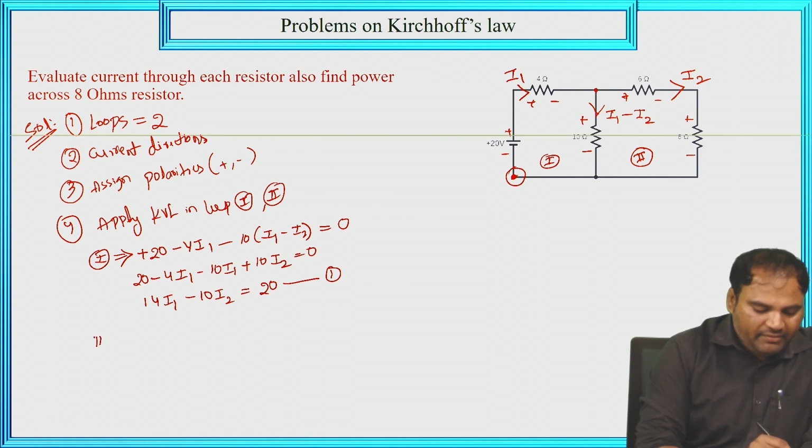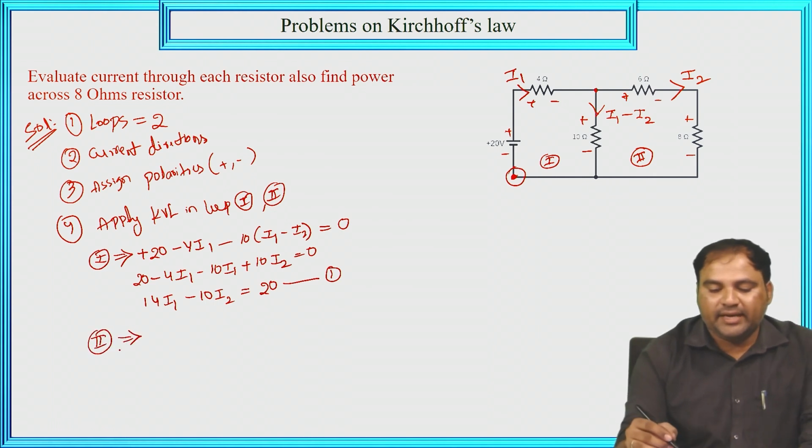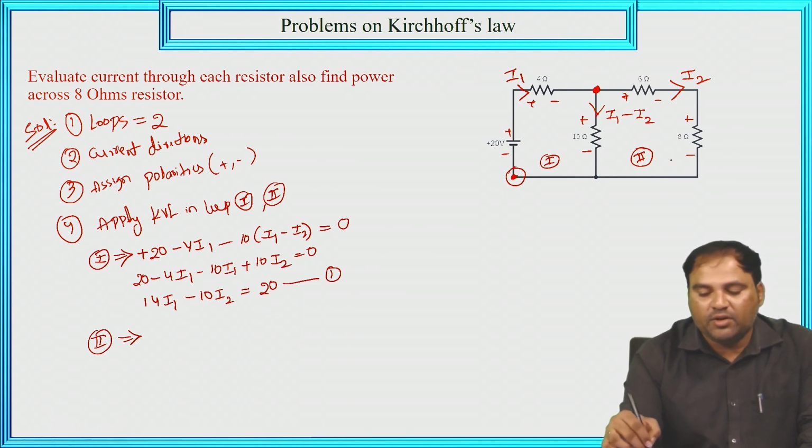Now apply KVL in the second loop. I am starting from this point, which is the starting point and also the ending point. We go in the clockwise direction.